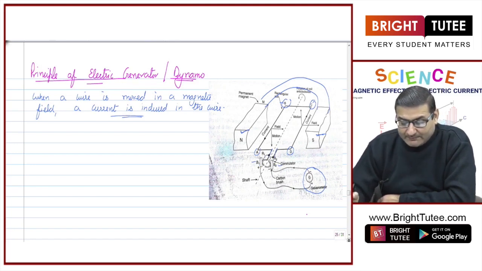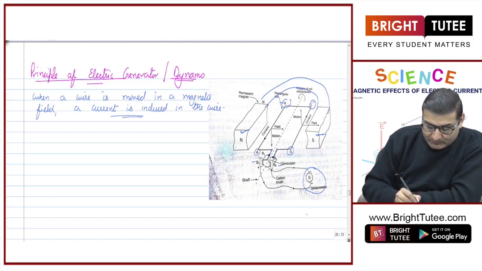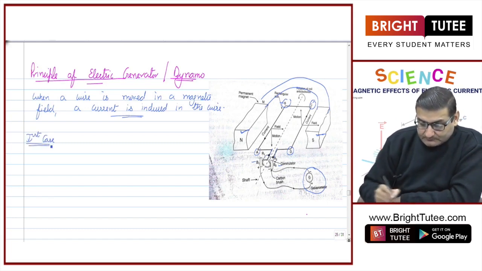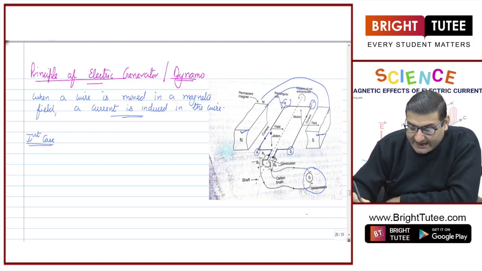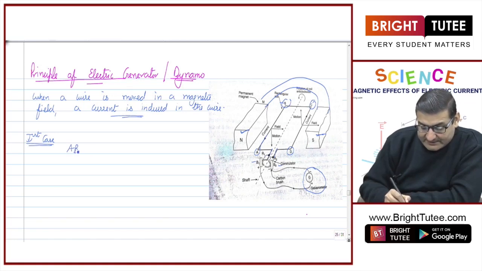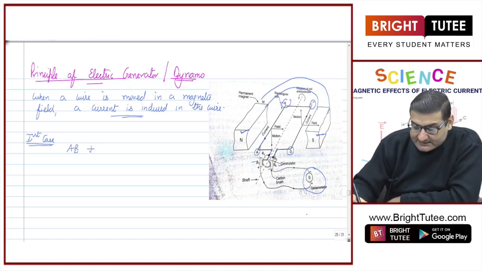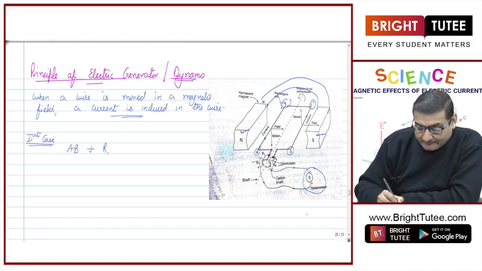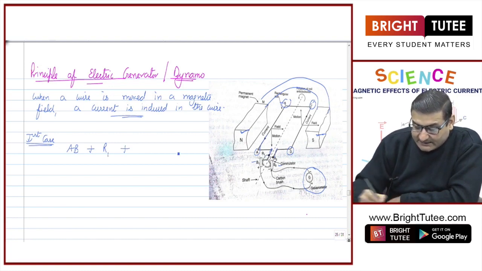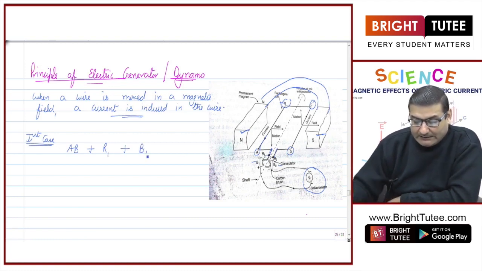Now, try to relate, please. Initially, this was the first case. This side AB is connected with this split ring R1, and this R1 is connected to carbon brush B1.